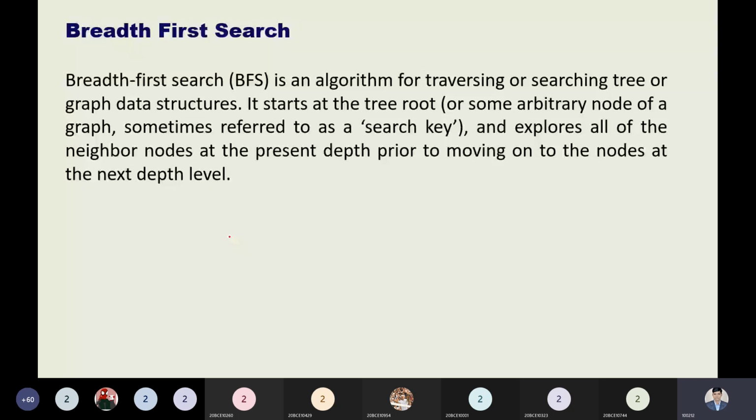Can anyone tell me what is the sense of this? Breadth-first search. You have studied the BFS algorithm in data structures. Sir, it explores the neighbor nodes rather than going to the deepest node.